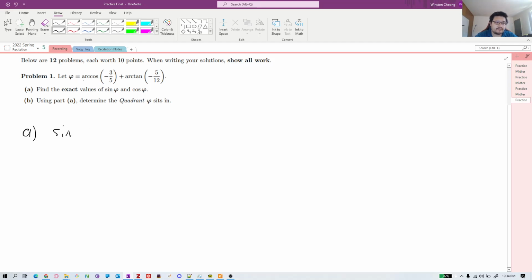So sine of this thing of two terms, arc cosine of -3/5 plus arc tangent of -5/12. Right, so now that you see it in this format, hopefully this reminds you of a homework problem where we had to use, I guess this would be the sum formula for sine.